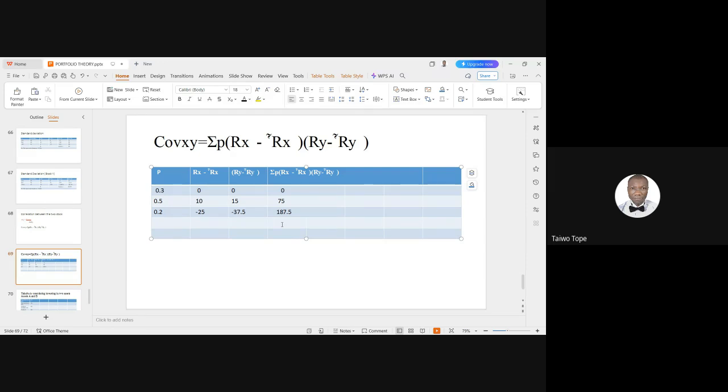The covariance of X and Y will be equal to what?